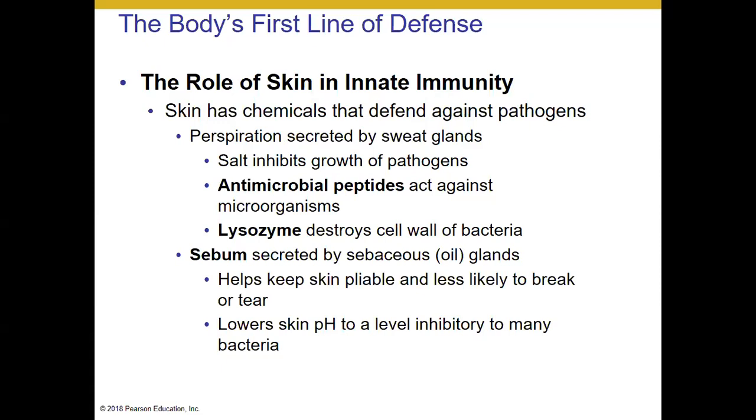Your skin also has a lower pH than other areas of your body, and this low pH prevents the growth of certain bacteria. And we'll talk about that a little bit more further along in the semester. But one of the things I hope you can appreciate from this is that if you look at all these different things that your skin can do, it is a great defense mechanism against pathogens.